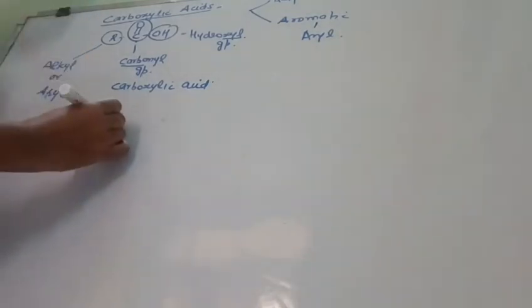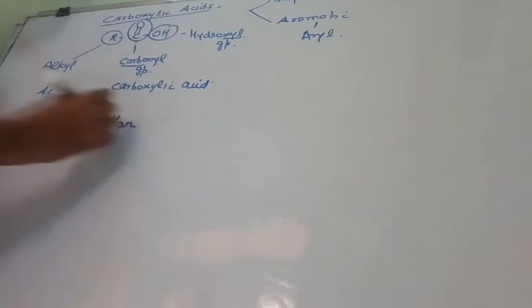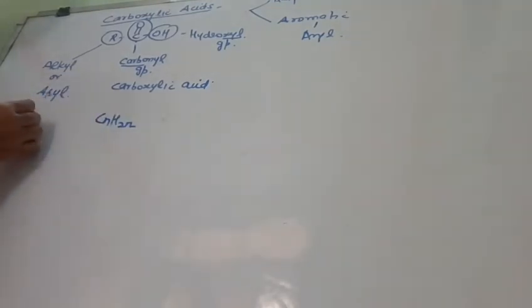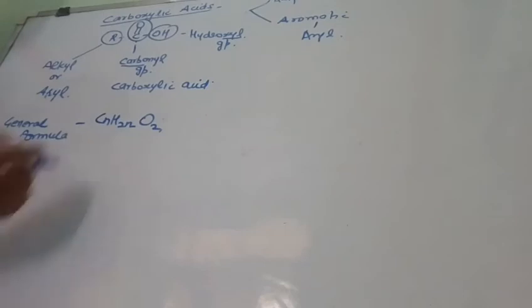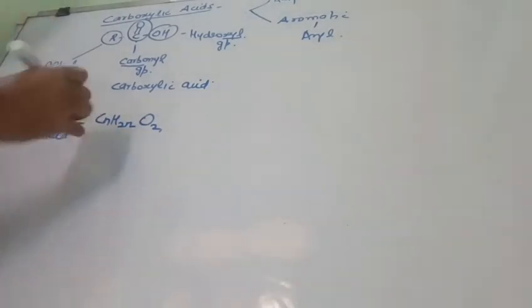Now the general formula for monocarboxylic acid. Monocarboxylic acid means the carboxylic acid in which only one carboxylic acid group is there. So for that we can write the general formula as CnH2nO2, right? Let us take an example.